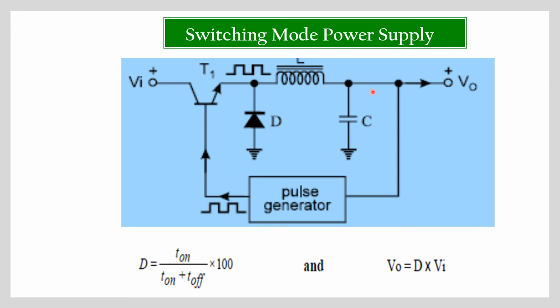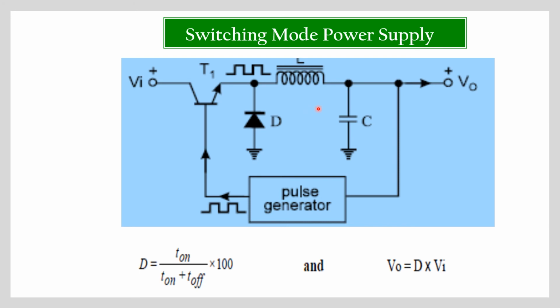The capacitor C provides further filter action. A fast acting diode is connected across the emitter and ground of the circuit to absorb the back EMF produced by the inductor.